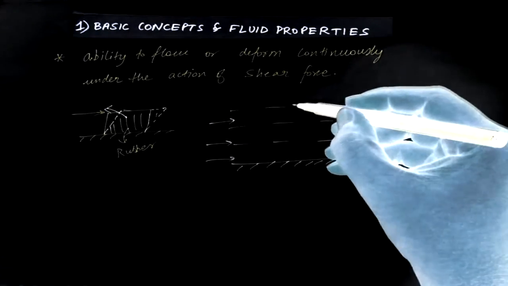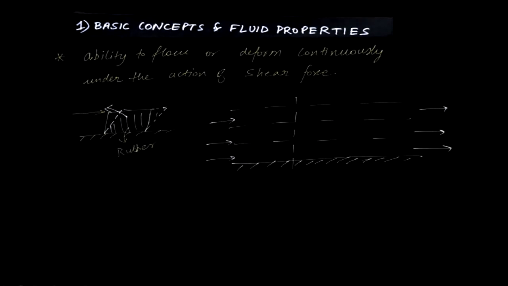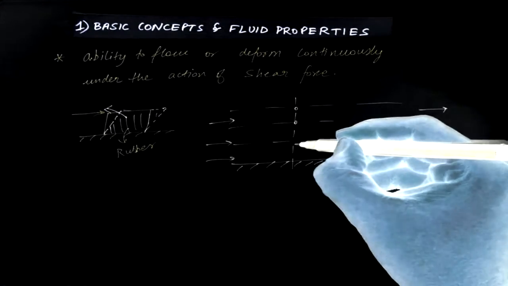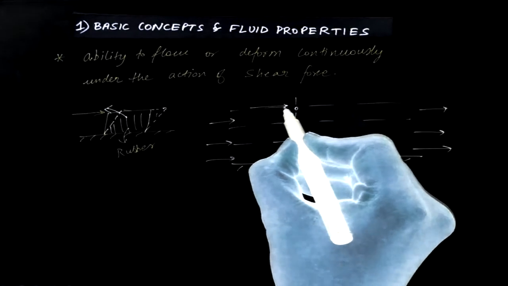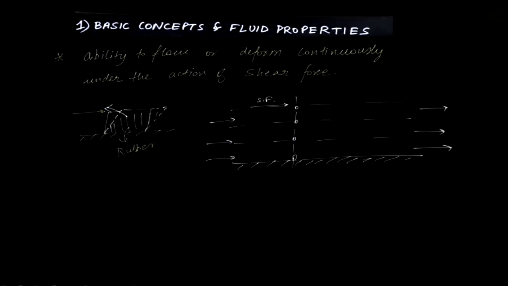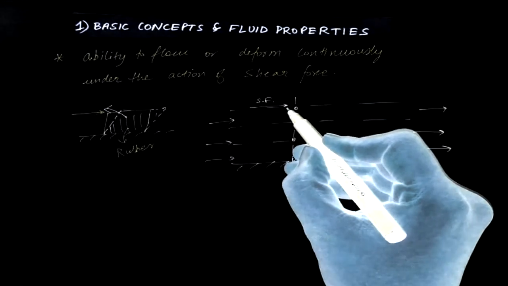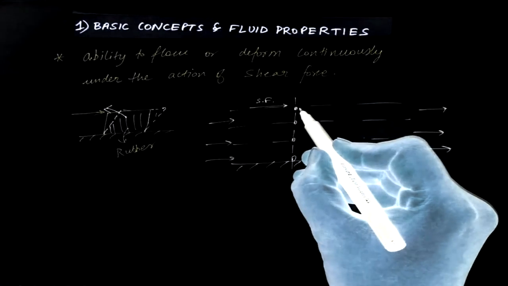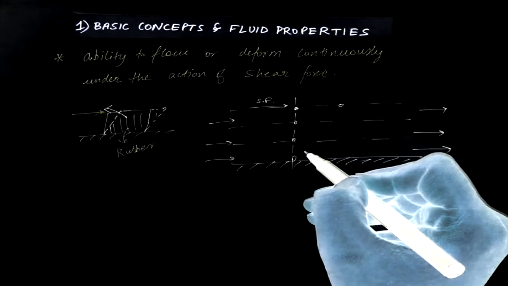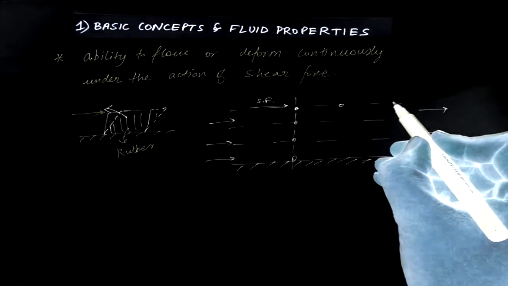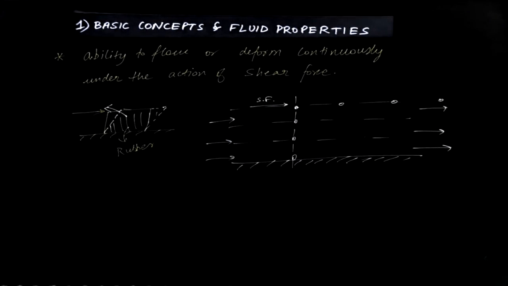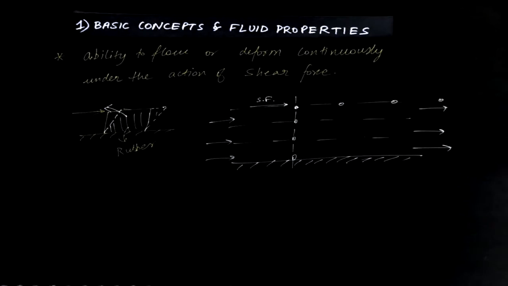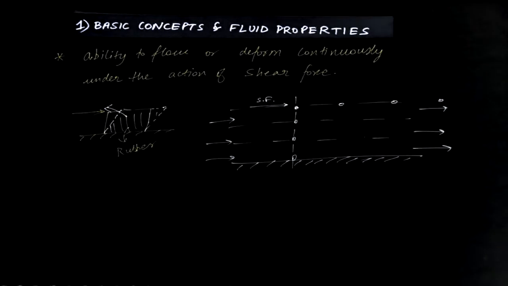Now if I take this cross-sectional area and say there are some molecules over here, and I am applying the shear force like this on this molecule, then this will move till here and it will keep on deforming, it will keep on flowing in this direction even if you remove this shear force from it. So we can say that here the deformation is varying with respect to time.